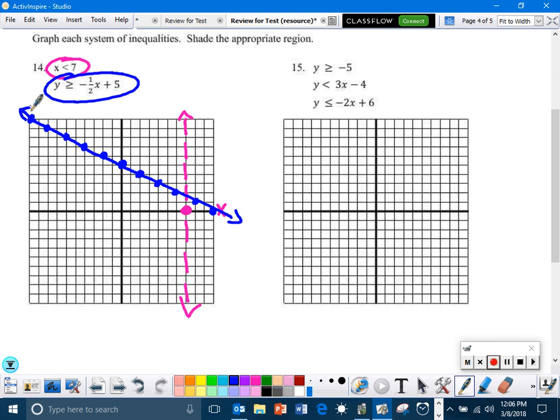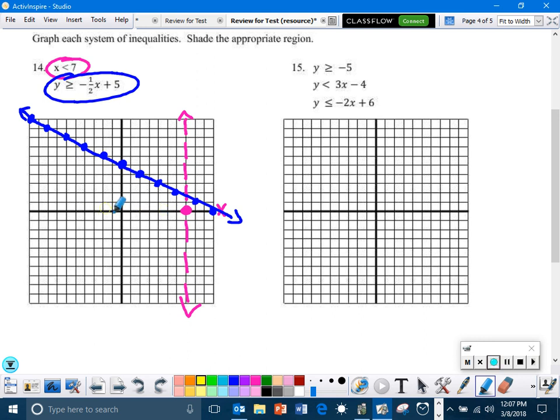Now, for the graphing, or for the shading. All right, this says right here, x is going to be less than 7. That means x is smaller than 7. So here's my x right here. So if I'm going to be smaller than that, I'm going to shade to the left. Okay, but I'm not shading all of that.